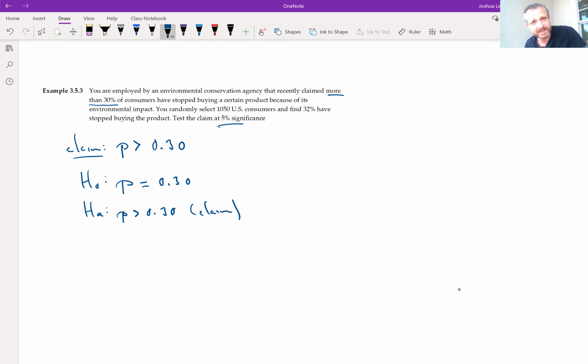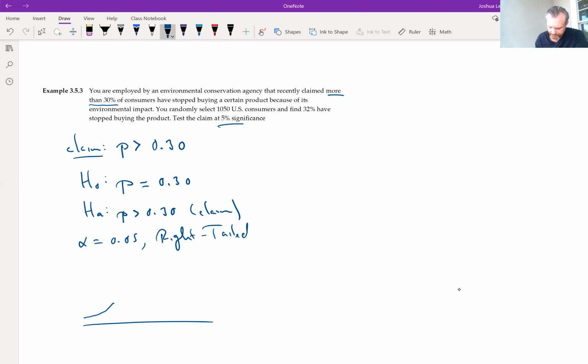Do we have 5 successes and failures? Yes, right? 32% stop buying the product. Okay. Well, let's set it up. Alpha equals 0.05. And we have right-tailed. So what does this look like? Well, it's going to be right-tailed.